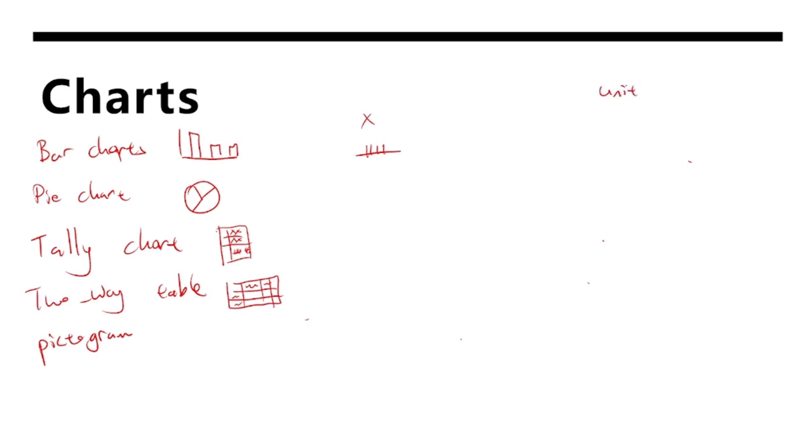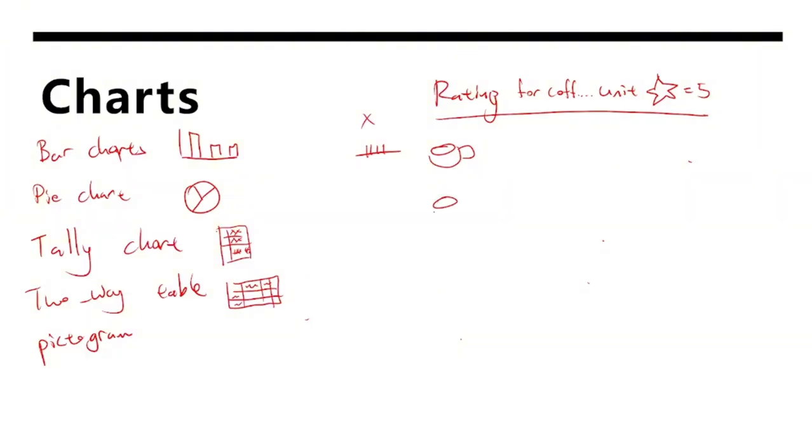For example, a unit of, let's say, a star equals 5, and for example, ratings for coffee shops, and we have coffee shop 1, coffee shop 2, coffee shop 3, whatever.